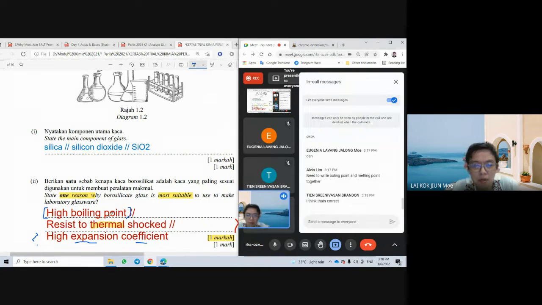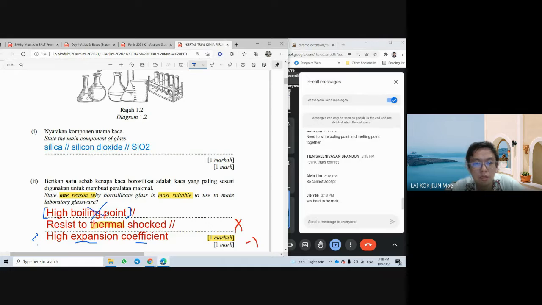Oh, you want melting point? Okay. High boiling point cannot accept. Yes. Why do we want boiling point? You are not boiling it. Melting point is accepted. Boiling point is no. If you say melting and boiling point, then okay. You see, they have different meaning. For boiling point, the glass will not boil, it will melt. You see, the keyword is important.